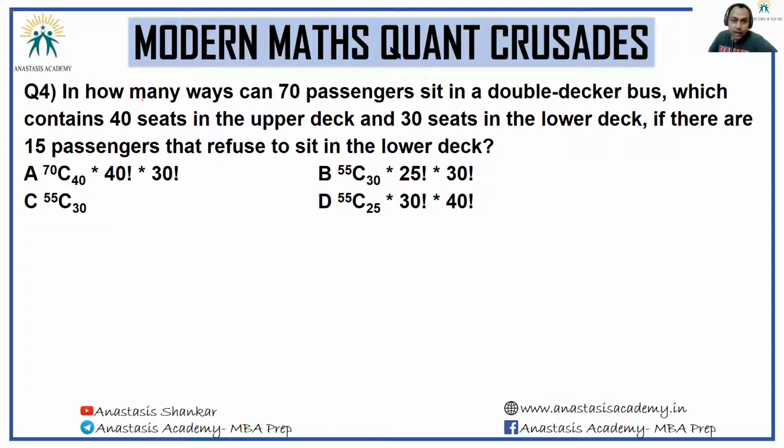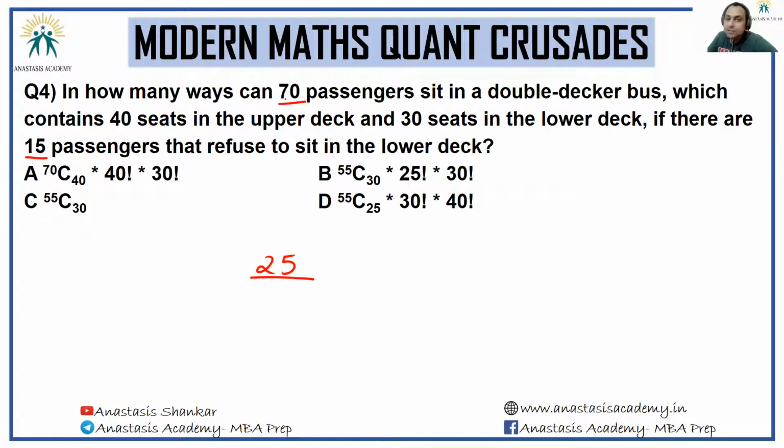Next, in how many ways can 70 passengers sit in a double-decker bus which contains 40 seats in the upper deck and 30 seats in the lower deck, if there are 15 passengers that refuse to sit in the lower deck? So these 15 passengers are already in the upper deck. So effectively, we have 25 people to choose who will go in the upper deck, out of how many?